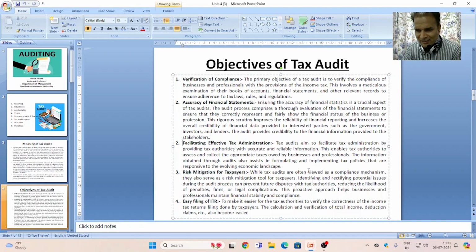Identifying and rectifying potential issues during the audit assignment by the auditor can prevent future disputes with tax authorities, reducing the likelihood of penalties, fines, and legal complications also. Tax audit has a protective approach that helps business and professionals maintain financial stability and compliance.